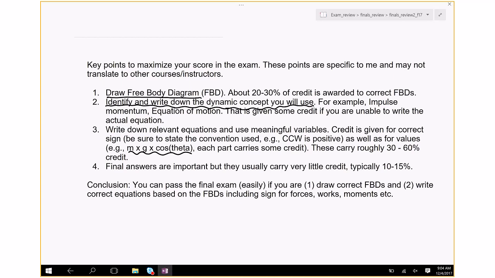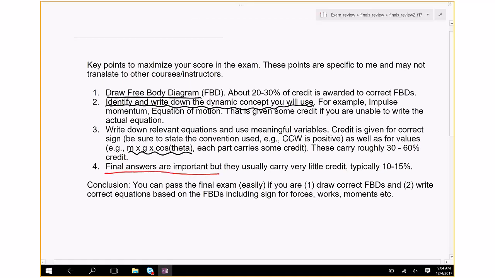Is the sign right, and so on. Don't just put random signs. What you put there is important. But clearly, if you put things down, the numeric value or the symbolic value mg cosine theta, that carries credit. If you just put mg when the actual force should be mg cosine theta, for example, then you'll get points deducted.